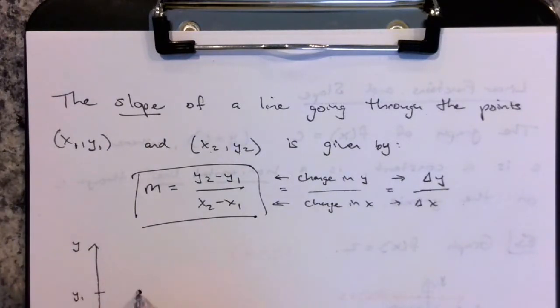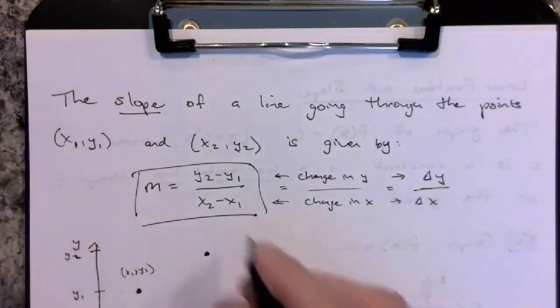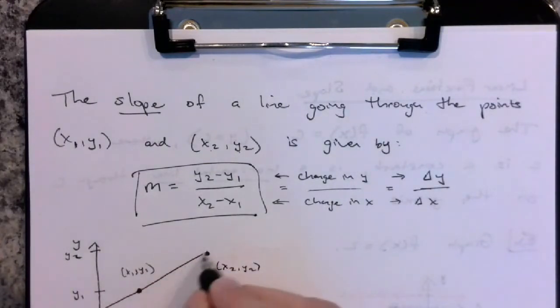So that's x1, y1. And the other point I have, I'll label x2, y2. So these are values, we're just using them generally. So here's x2, y2. I'm talking about a line that goes through those points.